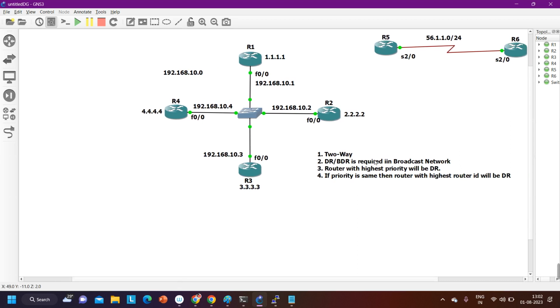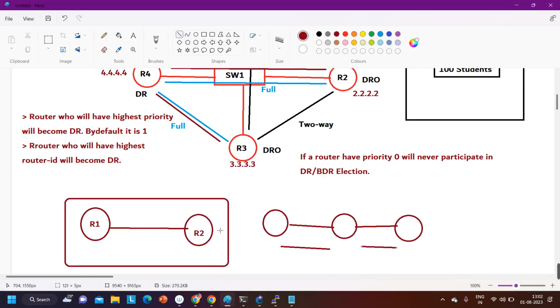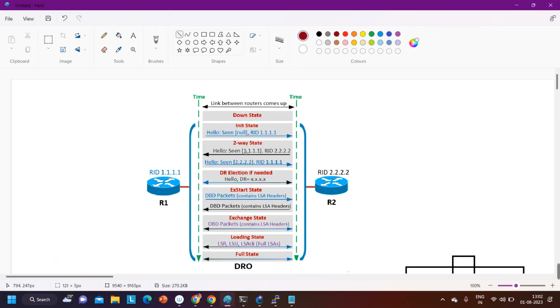How easy it is, yes or no? Yes. Nothing else. So are these four things clear? Tell me honestly, guys. Yes, the number one is two-way. In the two-way state, DR and BDR, here you can see the OSPF states.